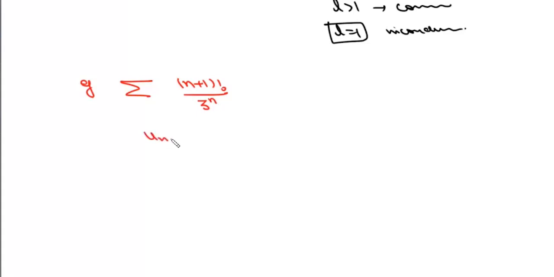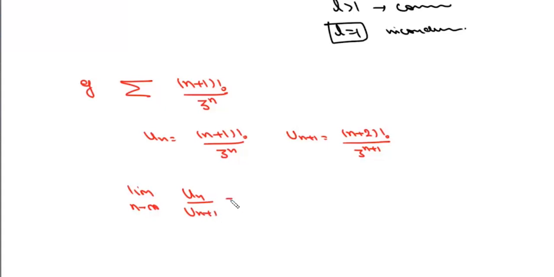Now in this case, un is factorial n plus 1 upon 3 to the power n, and un plus 1 is factorial n plus 2 upon 3 to the power of n plus 1. Now we'll find this limit, n tends to infinite, un upon un plus 1. So it will be factorial n plus 1 upon 3 to the power n divided by un plus 1, so it will be 3 to the power of n plus 1 upon factorial n plus 2.